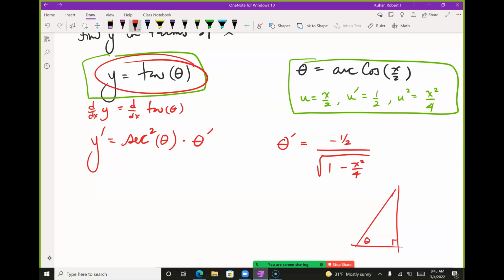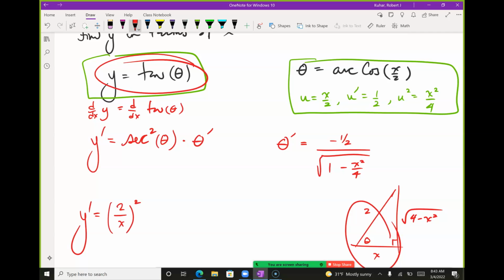So my triangle again was an x here, a 2 here, and a square root of 4 minus x squared here. So I'm ready to write y prime with a little bit more detail. Secant squared is 2 over x, but I need to square it, right?